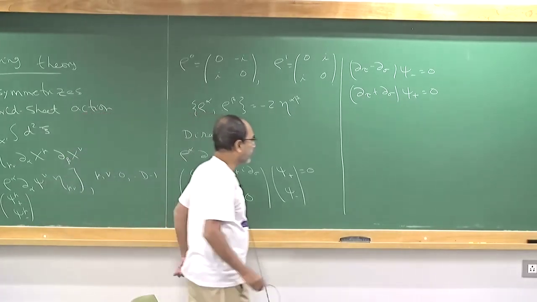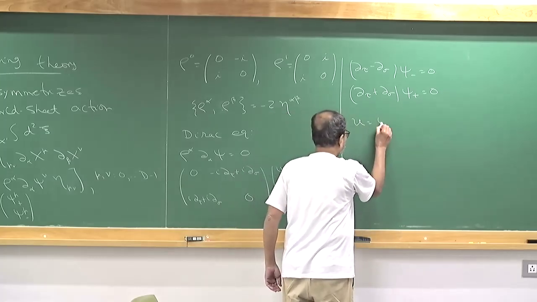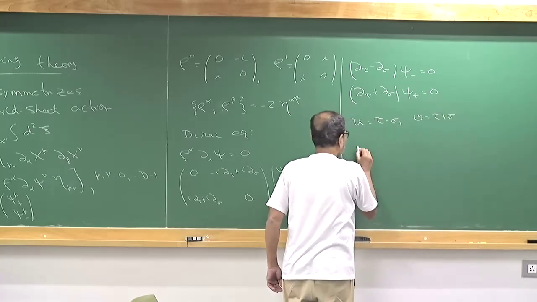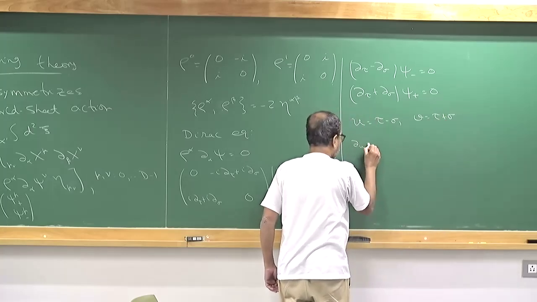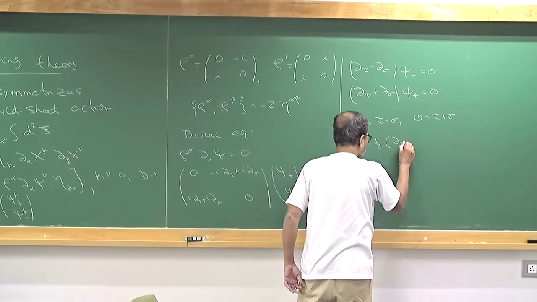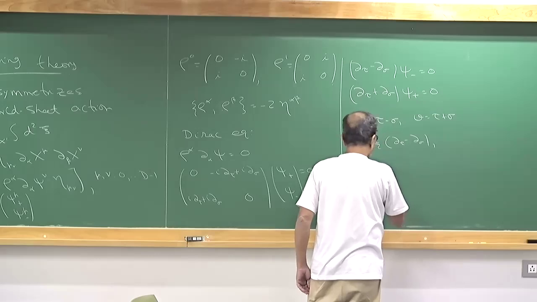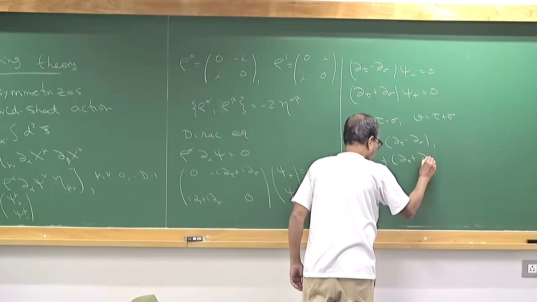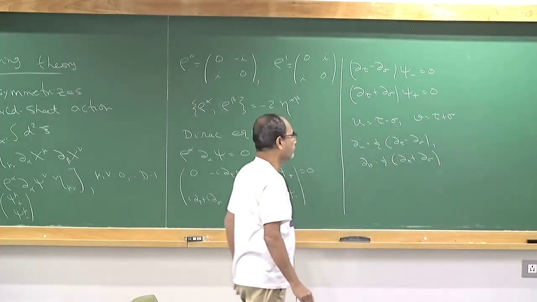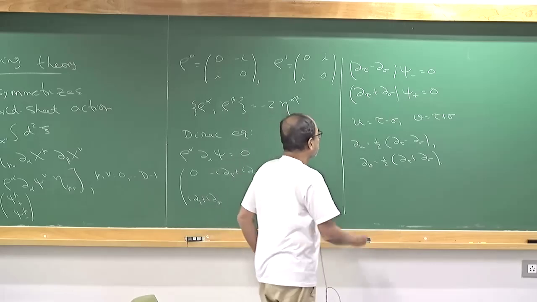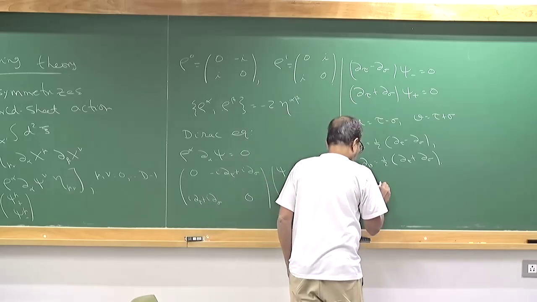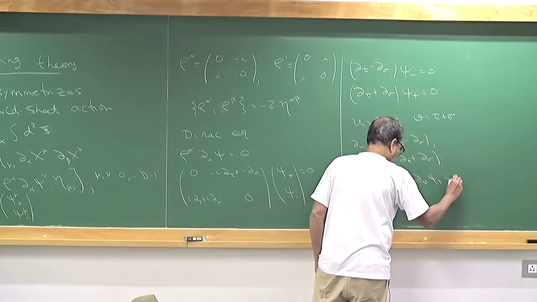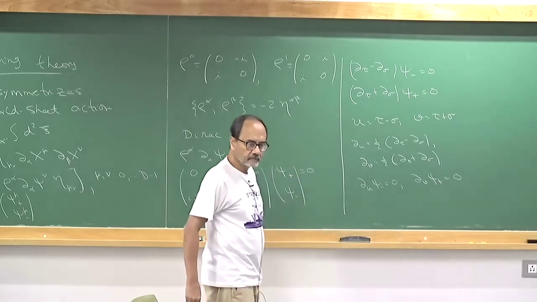And now if we recall the light cone coordinates, the definitions, u was tau minus sigma, v was tau plus sigma. So del u was half of del tau minus del sigma, and using this we see that del u of psi minus equal to 0 and del v of psi plus equal to 0. Okay.